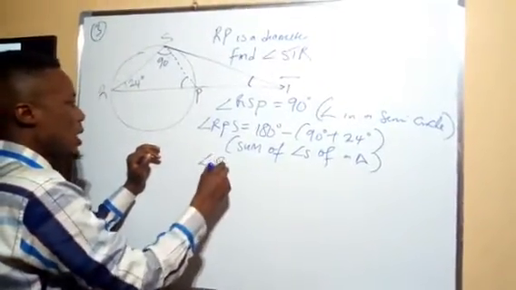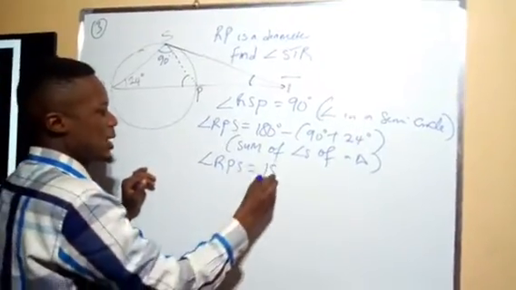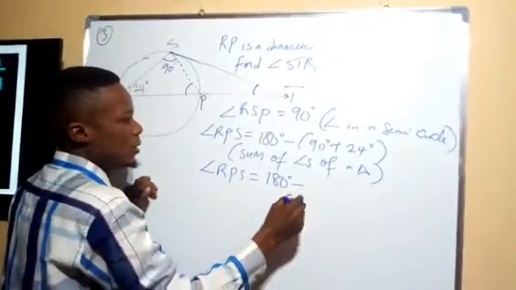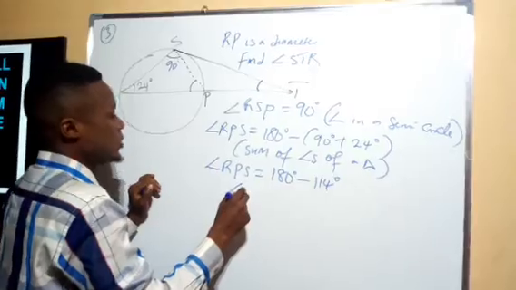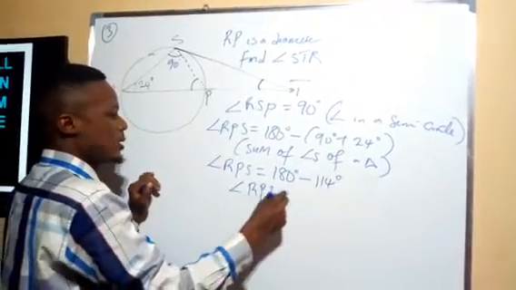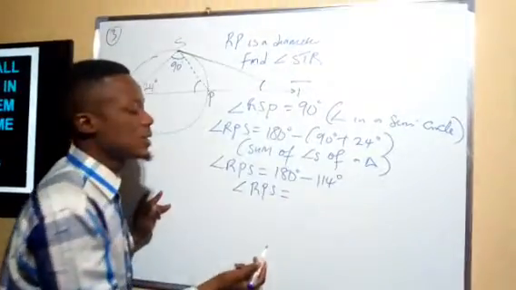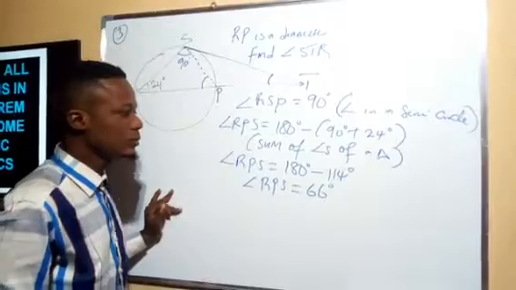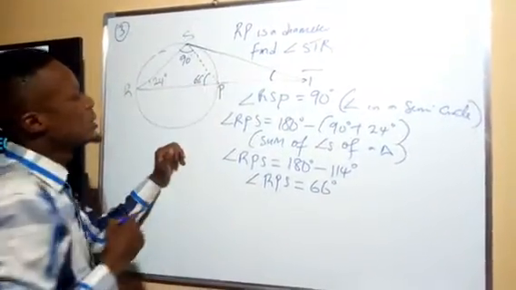So angle RPS will give us 180 degrees minus 90 plus 24, which is 114 degrees. And when I subtract, RPS will give me 66 degrees. Okay, so this angle now is 66 degrees.